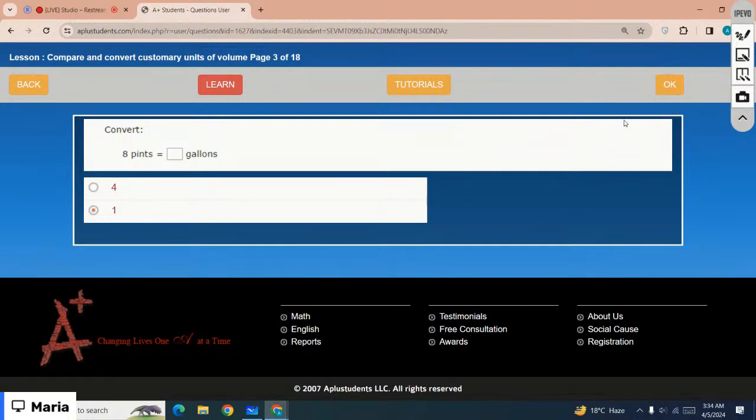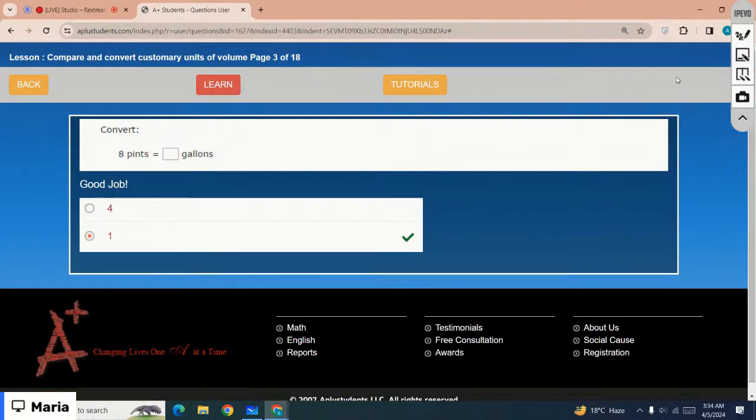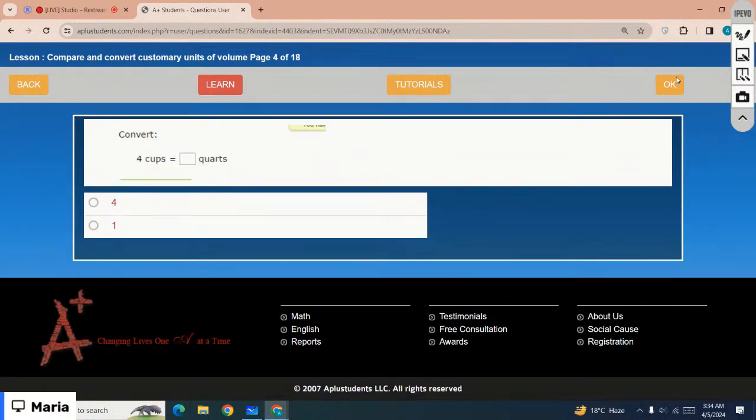The correct option is 1 gallon. 4 cups equal how many quarts? 4 cups equal 1 quart. The correct option is 1 quart, right?